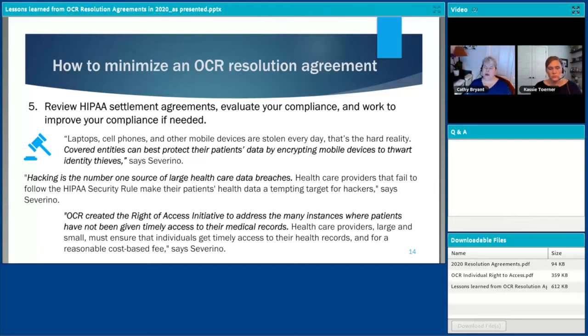And then evaluate your practice to make sure that you are in good standing with those and work to improve your compliance as needed. One of the things that we know is that cell phones, laptops, and other mobile devices are stolen every day. And covered entities can best protect their patients' data by encrypting mobile devices to thwart the identity thieves.